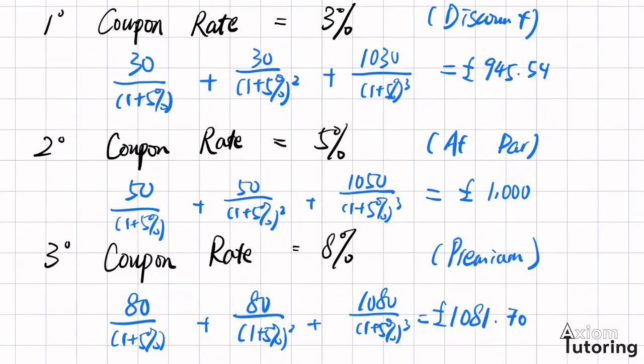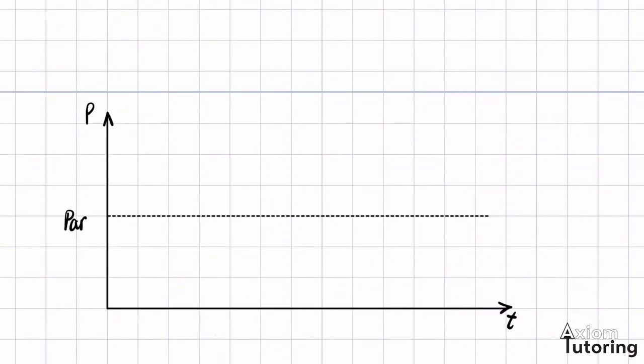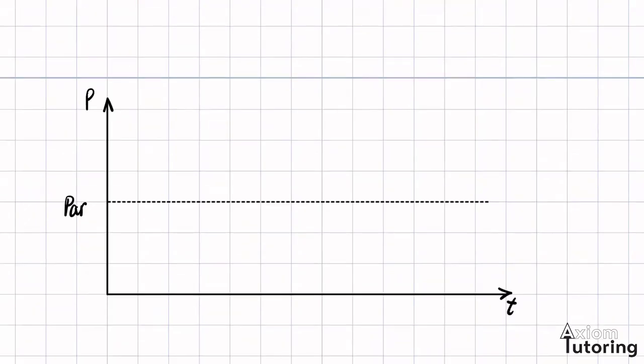If we draw this on a graph with the vertical axis the value of the bond, and the horizontal axis the time for this bond, then if it's priced at a premium, the value starts somewhere up and then goes down.